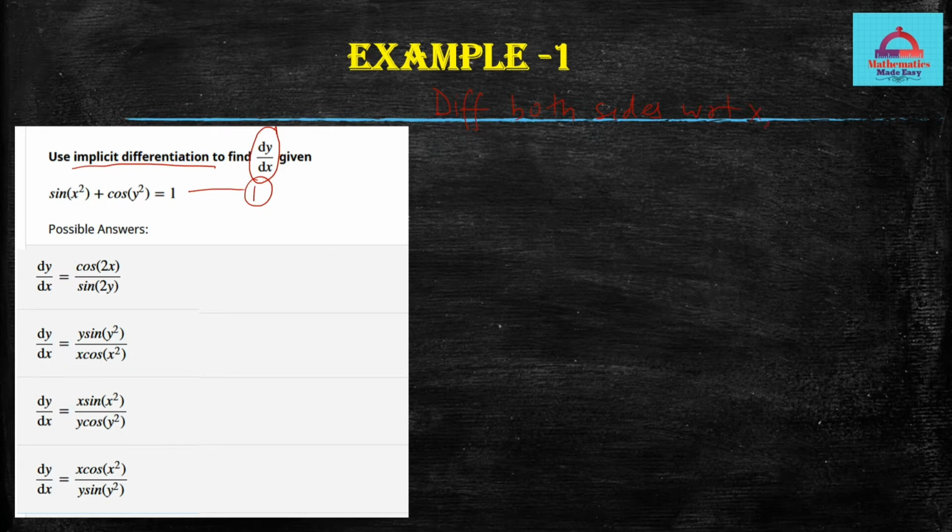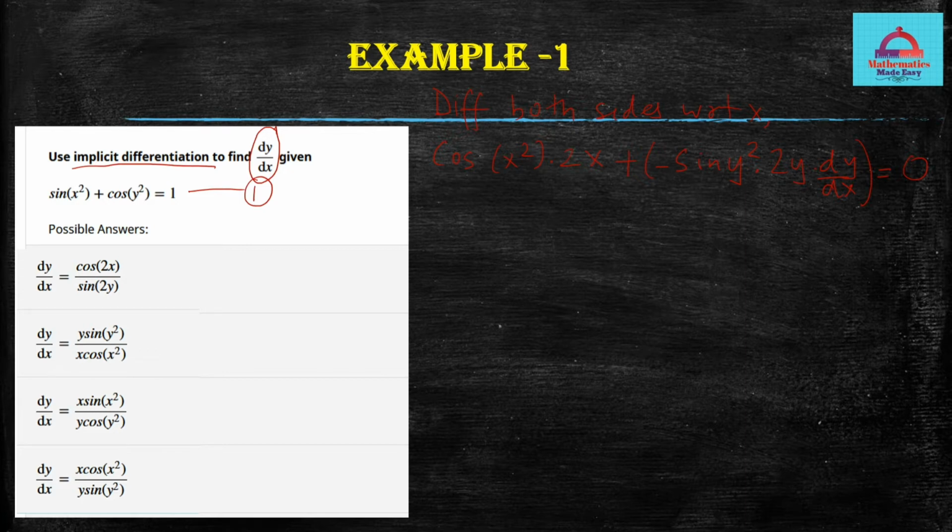The derivative of sine is cos, so cos x square, and then inside you have x square also, it's a composite function, so we'll go for chain rule, and what we get is 2x. Let's come to the next term. This is a cos function and its derivative is negative sine y square, and then you do the derivative of the inside function, so you go for chain rule, 2y dy by dx. The right side will be 0 as you have a constant function there.